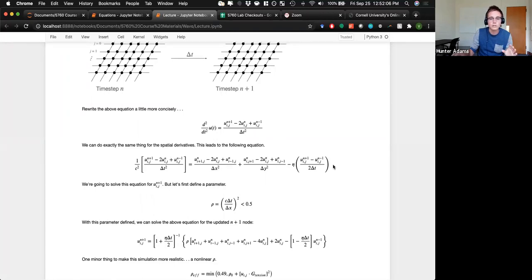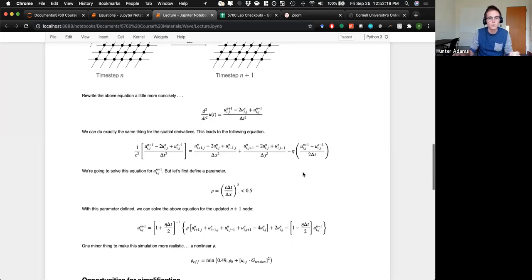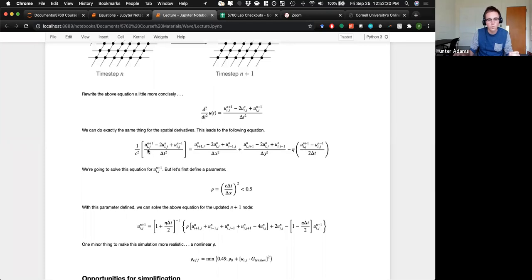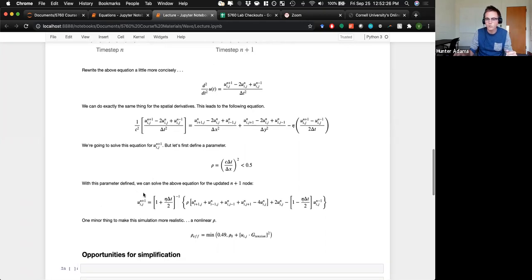If you know initial conditions, and if you set your parameters, then you will know everything in this equation except for the next time step, the n plus 1 time step here. So we solve this equation for the updated state, uij at n plus 1, which is all that we've done here.